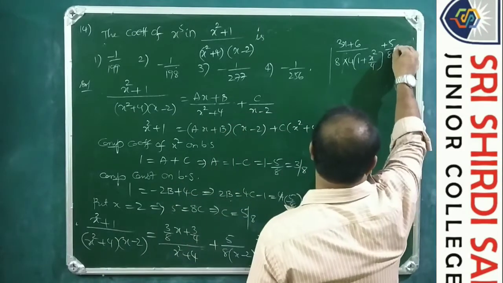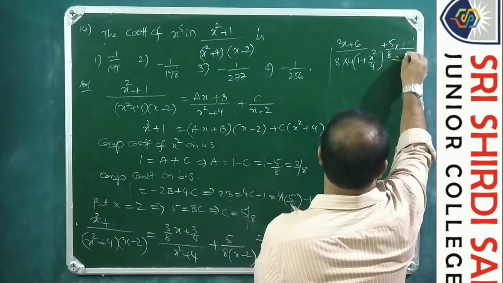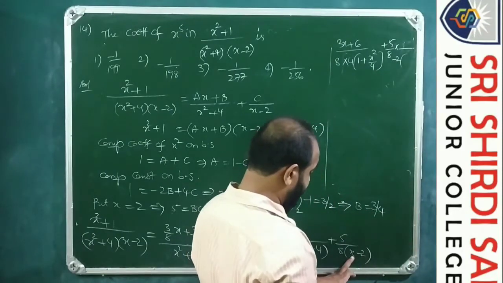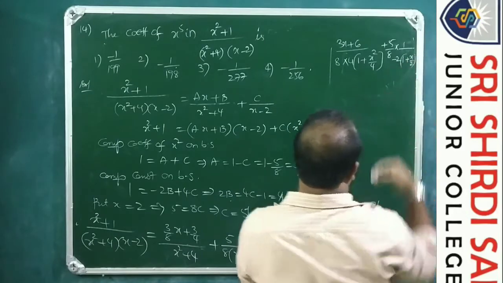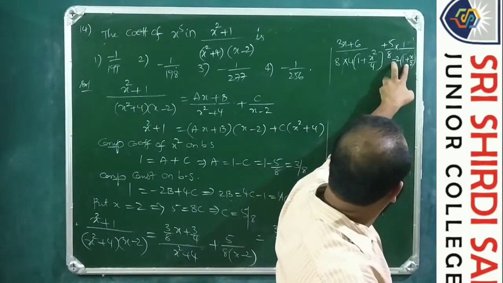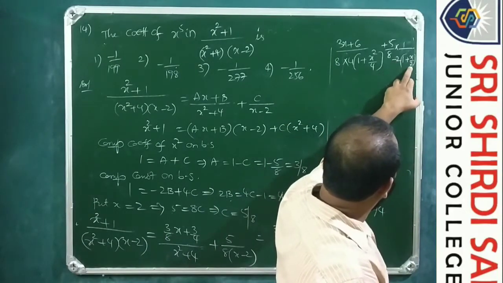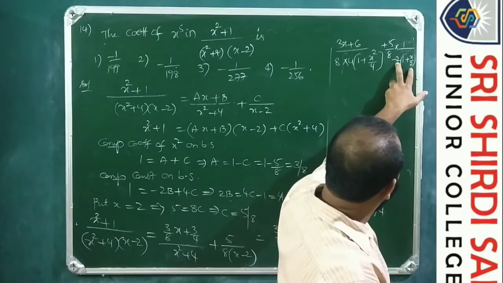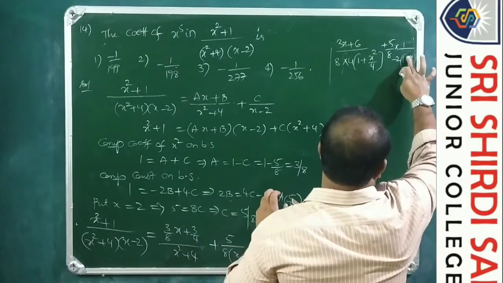So this is, take minus 2 in common, then this is 1 plus x by 2. So minus 2 into 1 minus... minus into plus is minus, so 2 gets cancelled, minus x. So this is minus x by 2.